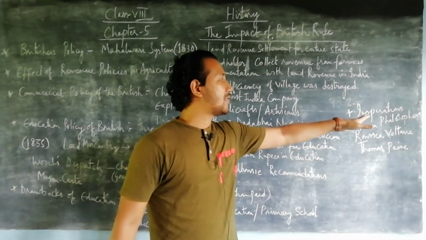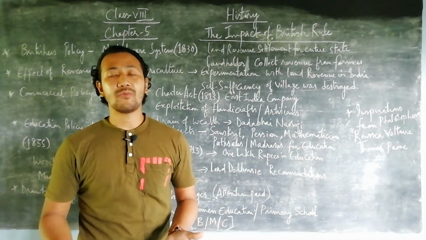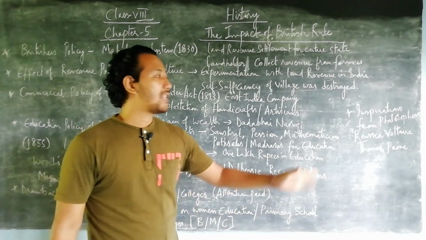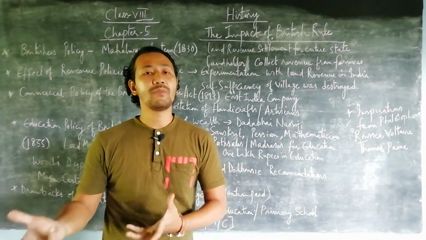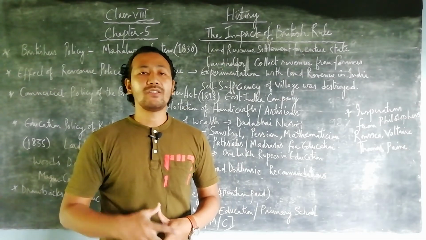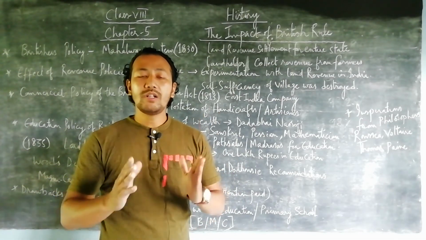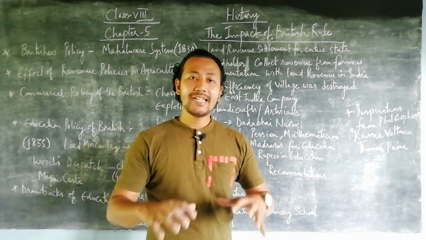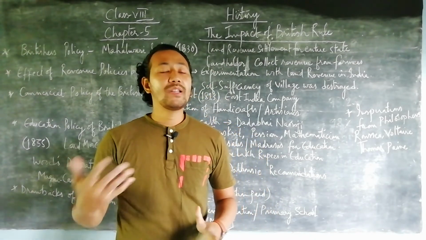And the last topic is known as the inspiration from philosophers. What kind of ideas and knowledge were gained from philosophers like Rousseau, Voltaire and Thomas Paine by the Indian masses, and how with those ideas and inspiration they could gain good education policies which would really help the next generation, so that India would become a developing country.